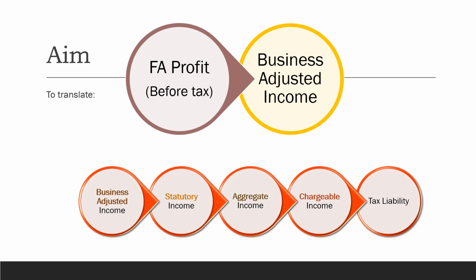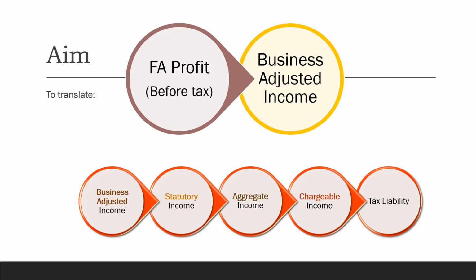Then we minus whatever allowable expenses or incentives given to arrive at the chargeable income, and then we apply the tax rate, and only then will we get the tax liability to be paid by the company.